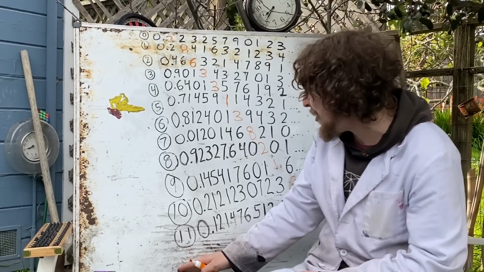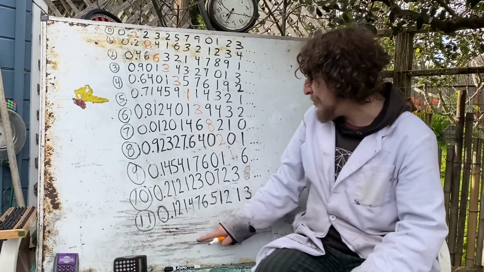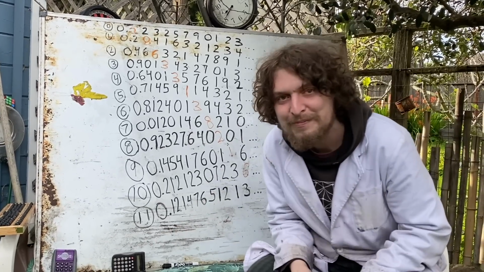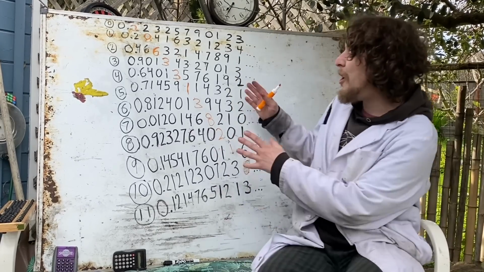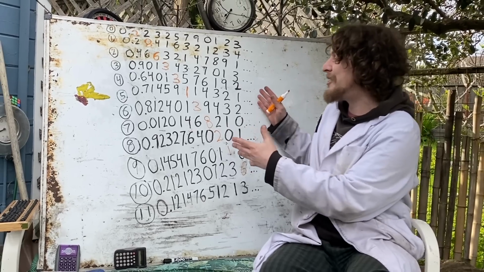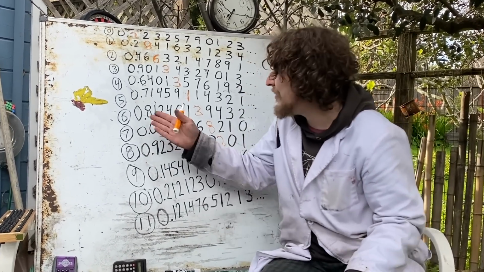If it was at some number, well, it had a digit different than what was supposed to be at that number. And so Cantor's diagonalization proof shows that you cannot make a bijection between the real numbers and the natural numbers.